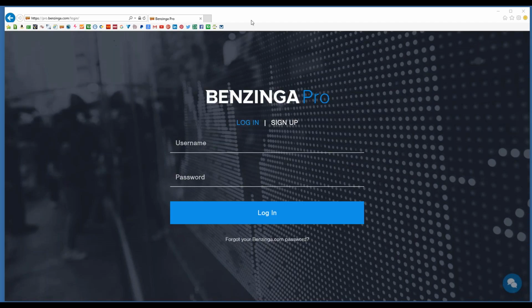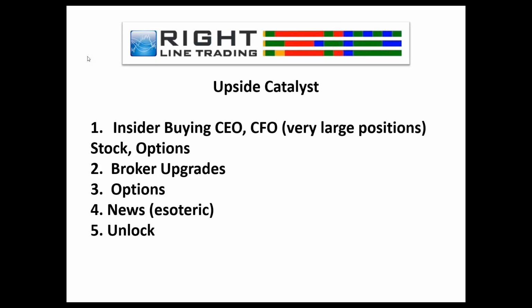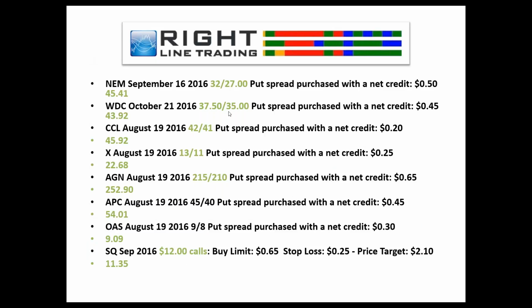Let me just take this off and bring back the slides. If it goes against you quickly, for instance, let's just take the X, U.S. Steel. You place the 13/11 put spread. You sell the $13 puts, you buy the $11 puts.